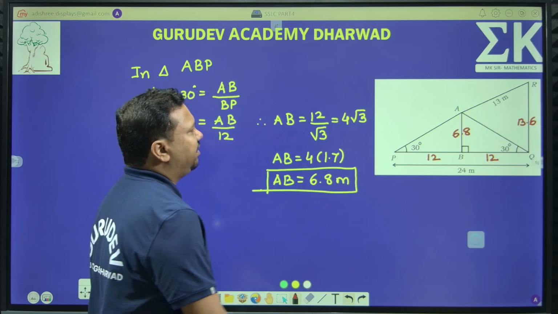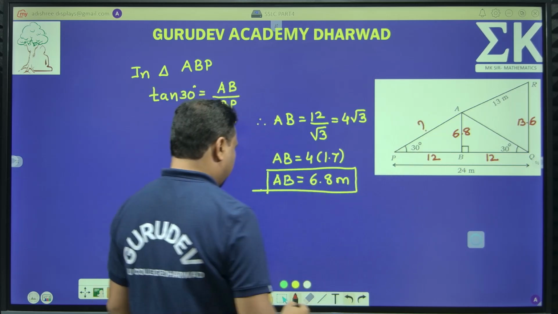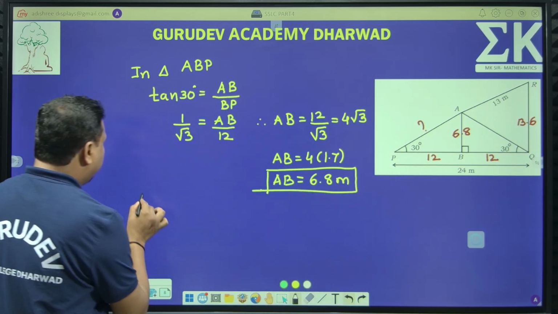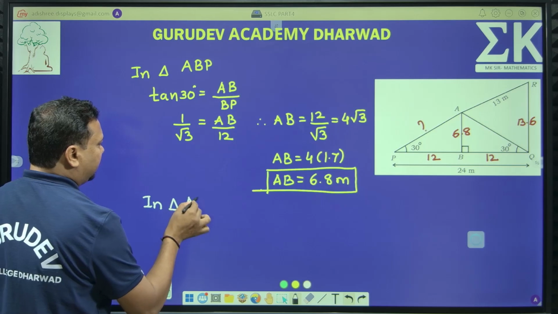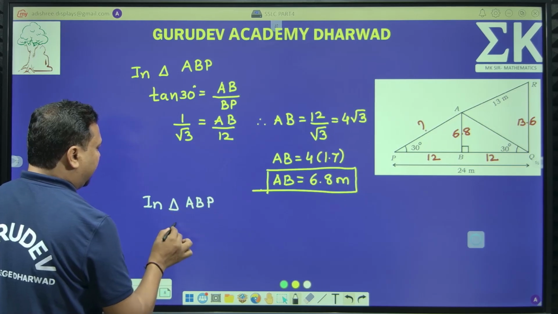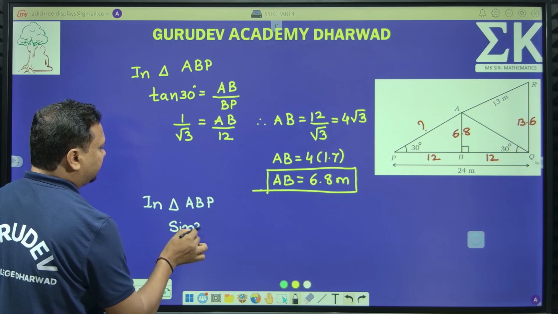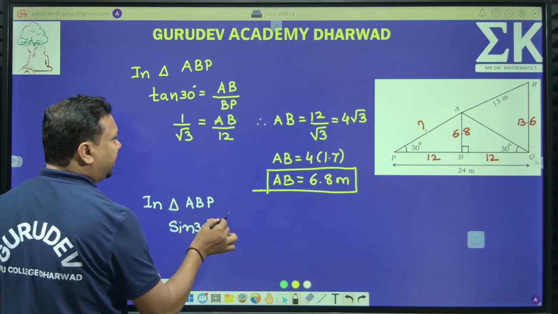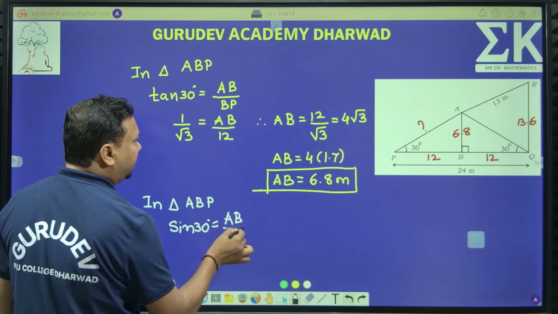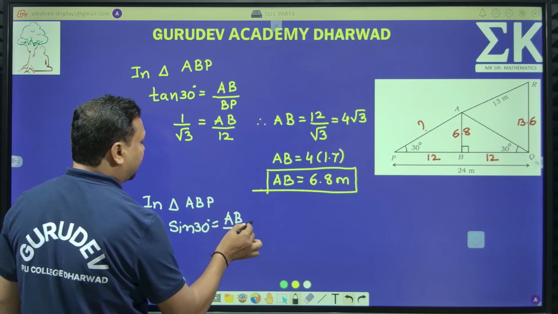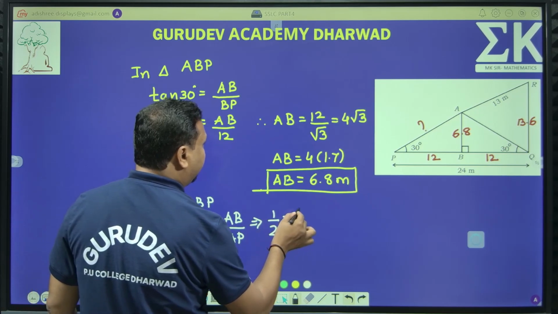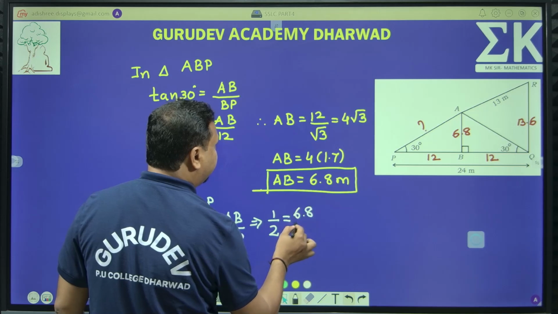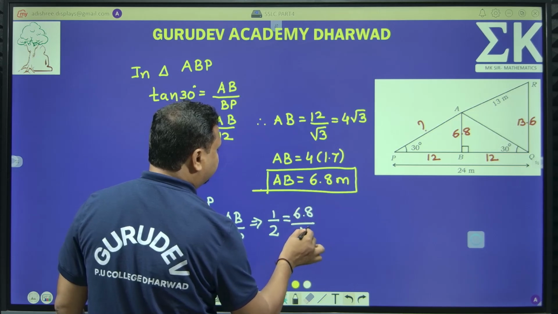Now you have to take care of AP. Last one is AP. How will you find AP? To find AP, in the triangle ABP, let me define sine 30 degree. What is sine 30 degree? Opposite by hypotenuse. Sine 30 degree is 1 by 2. AB we have calculated as 6.8. AP we want to find.